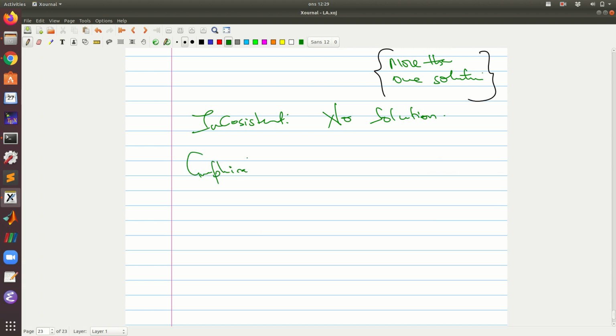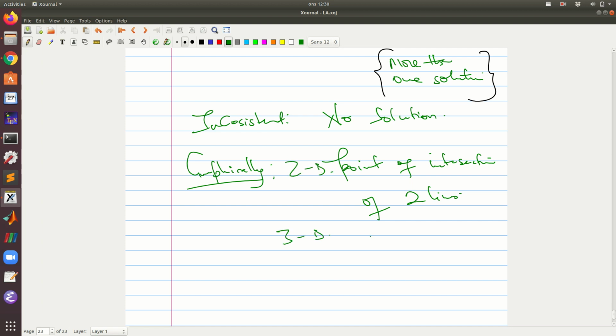So when is a linear system going to have a solution? Graphically, for simple problems, if we have a problem in 2D, it will be the point of intersection of two lines. If it is in 3D, it would be the point of intersection of the planes.